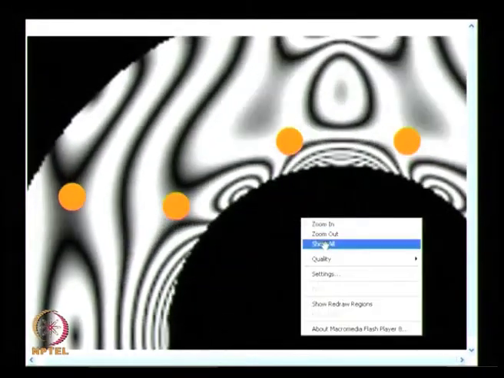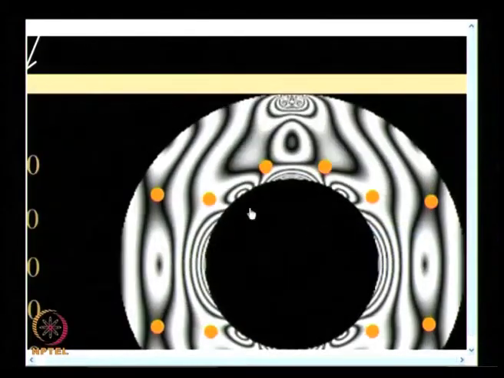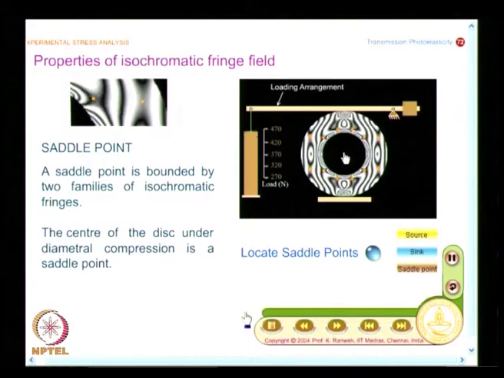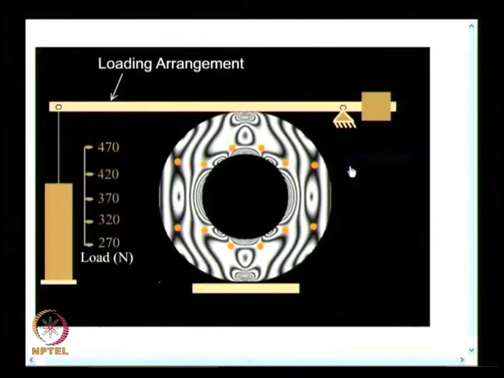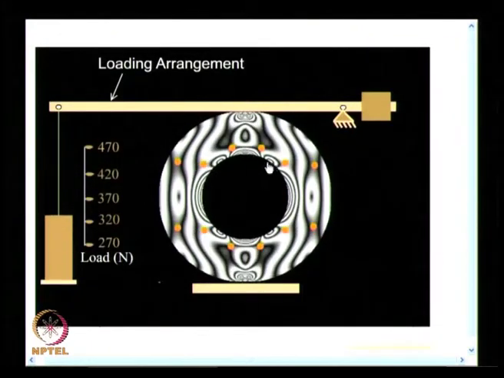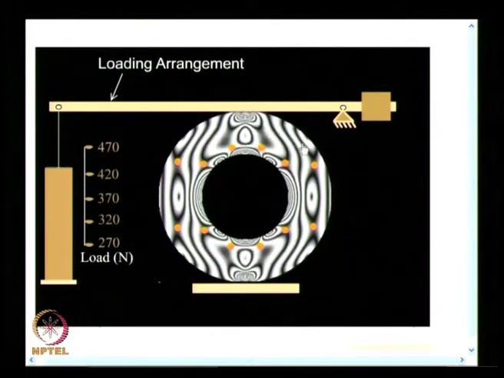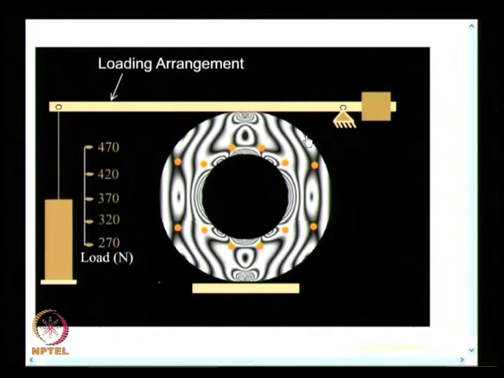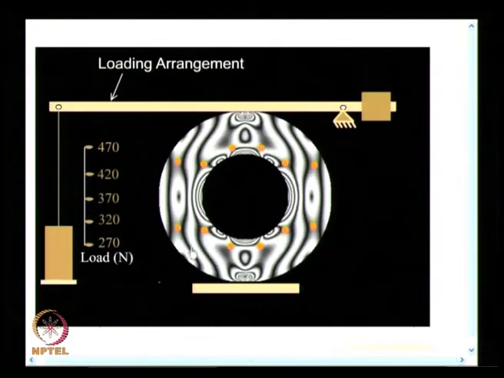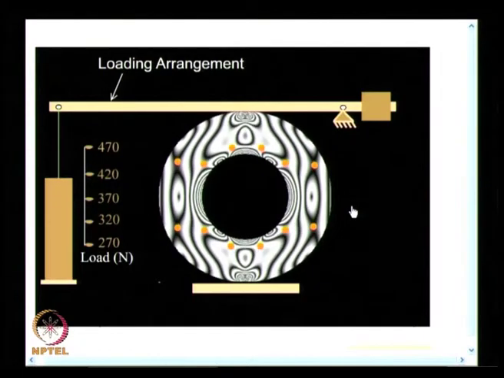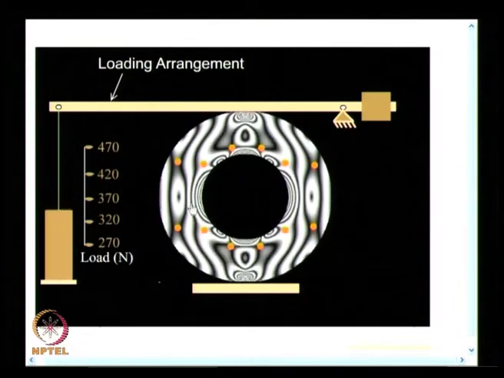And what you find here is, I have 4 points in an inner boundary, 1, 2, 3, 4 and 4 points on the outer boundary, 1, 2, 3, 4, where the fringe order is 0, and fringe order is also 0 at these 2 points.